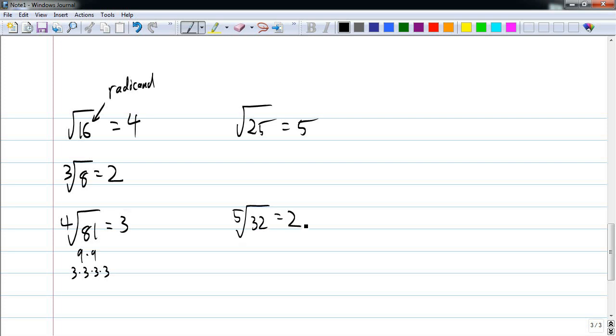Okay, so for each of these, I take what type of radical it is, and I ask myself, what number do I raise to this power to get my radicand? Okay, so if it's a 6th root, I would ask myself what number raised to the sixth power is 72. Now, spoiler alert, most of the time, these don't work out.